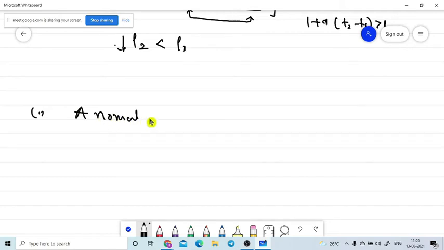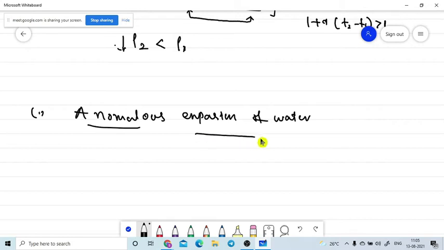Anomalous expansion of water. So what does it mean, sir? All materials, while heating, show that volume will increase.